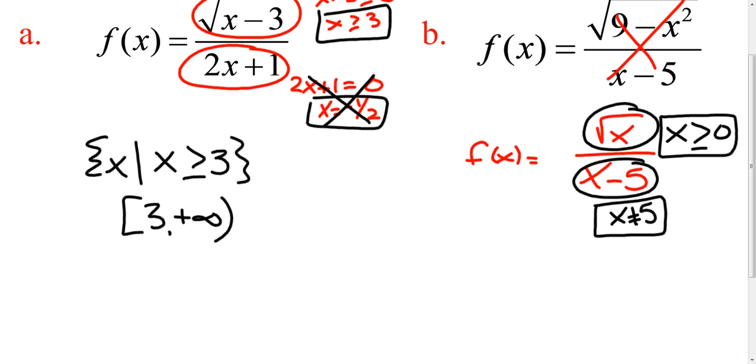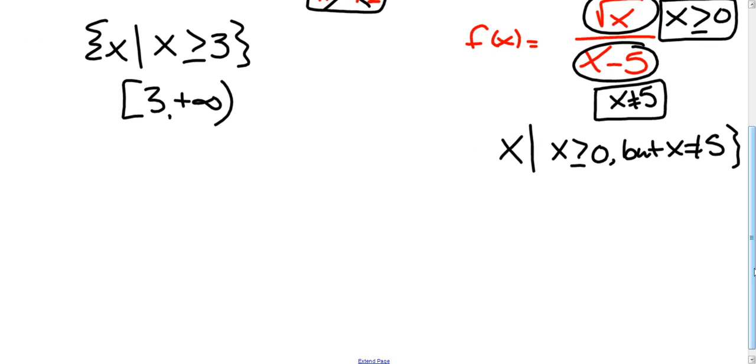So here's what this is going to look like. Your domain would be set of all x such that x is greater than or equal to 0, but x cannot be 5. Or sorry, that's set notation. Interval notation would go something like this.